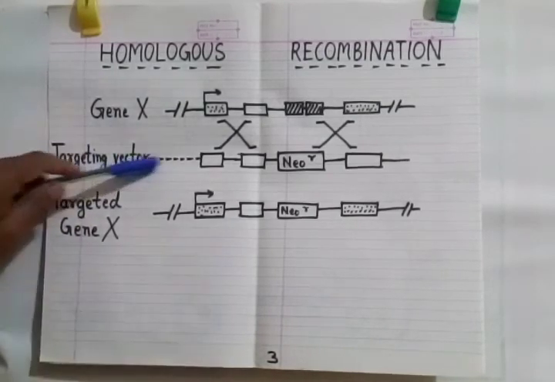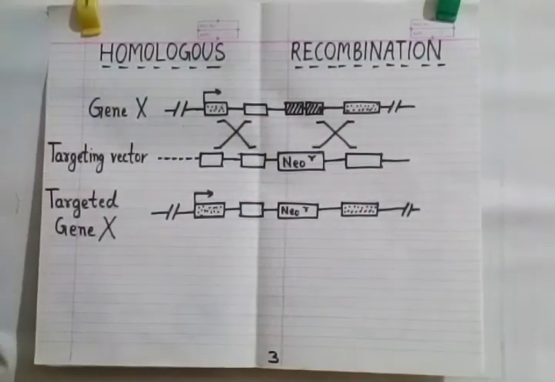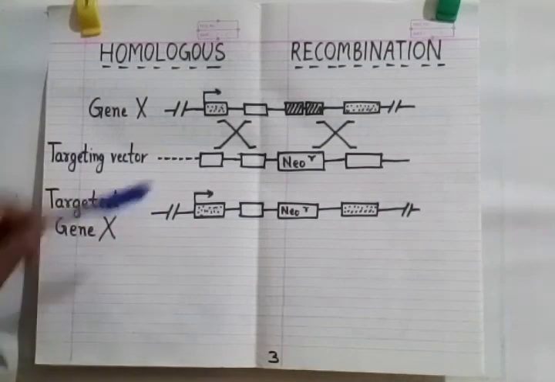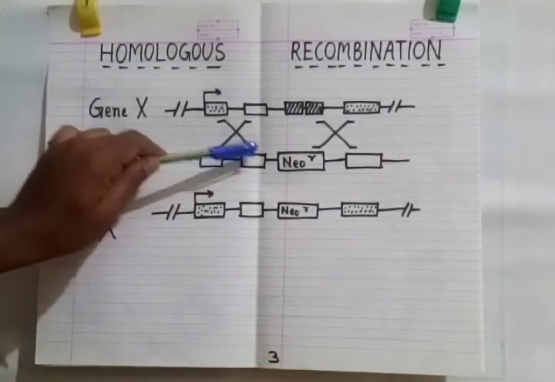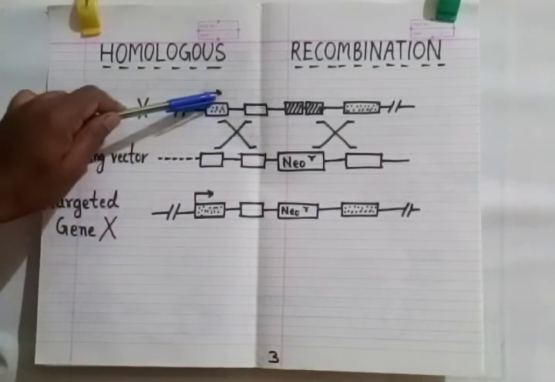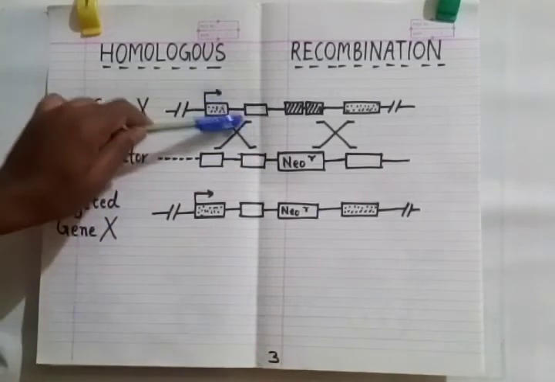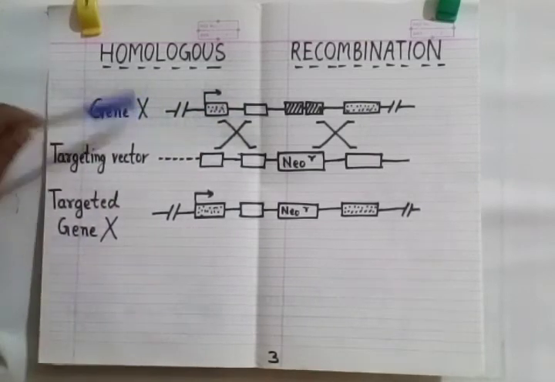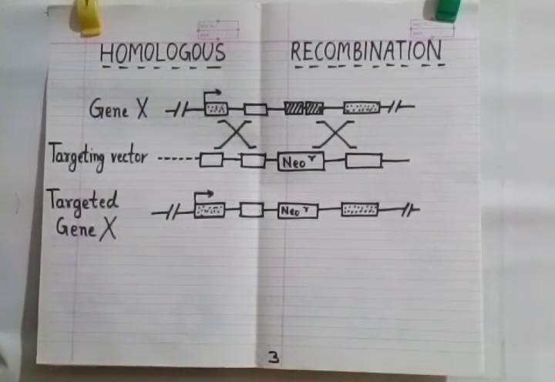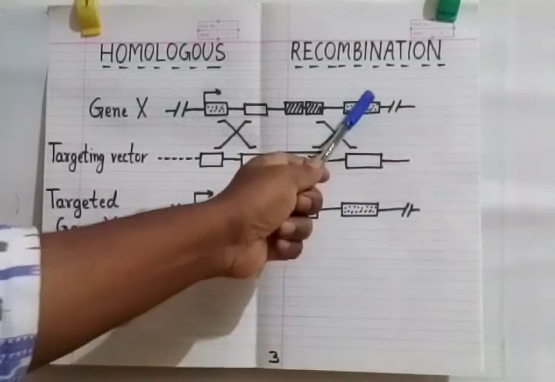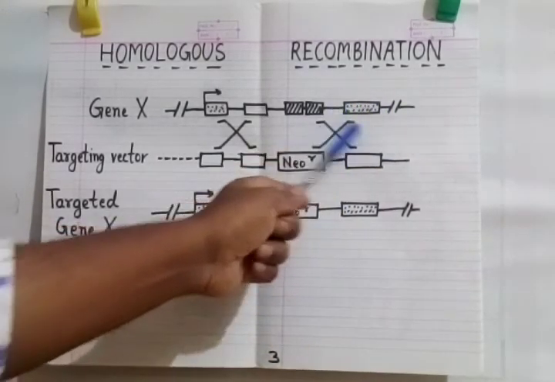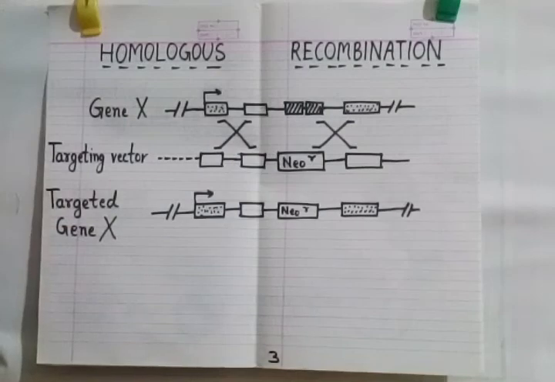That vector will have this DNA, and what is the characteristic of this DNA? This gene and this gene will be similar to this and this gene of the original organism. Likewise, this last gene will also be similar to this gene of the original organism.